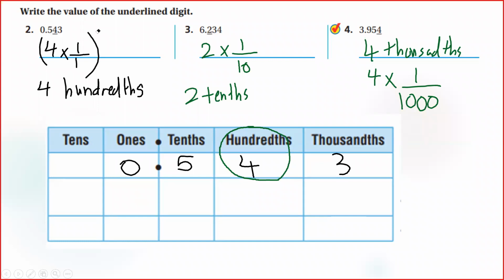Okay. The next, 400 it means 4 times 1 over 100. Tenths, 1 over 10. Look at the first letters here. Hundredths means 1 over 100. Tenths means 1 over 10. Thousandths means 1 over 1000. That's it.